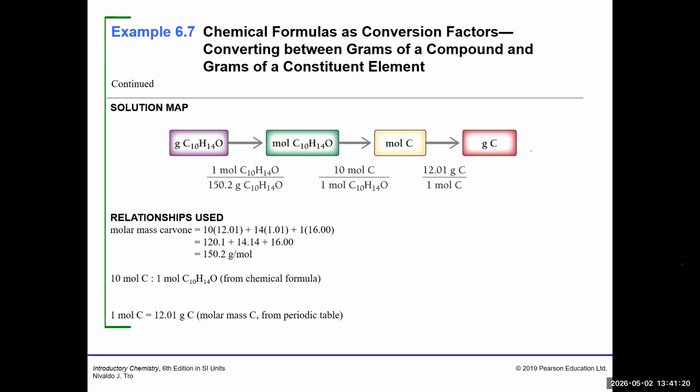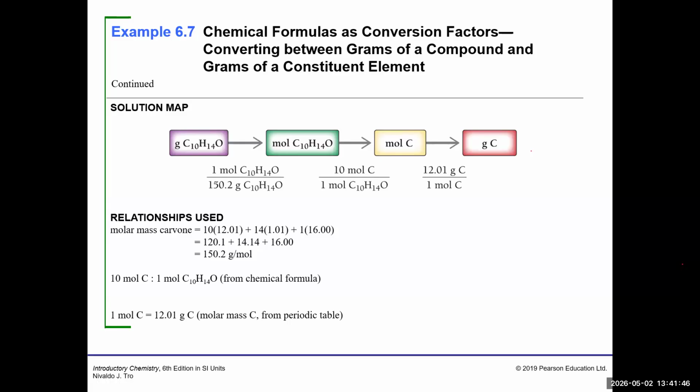There are 14 in the formula, so we get 14.14. Now oxygen is only one, and its atomic mass is 16.00. When we add them all, we have 150.2 grams per mole of C10H14O.